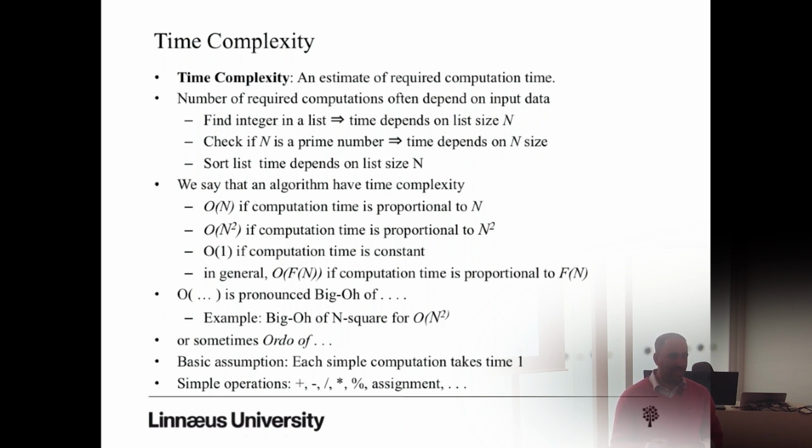You might have generics declarations, and you might have exceptions, throw and try-catch blocks. So we assume that each simple computation, like the four simple arithmetic operations, addition, subtraction, multiplication and division, and assignments, takes a standard unit of time, equal to 1.